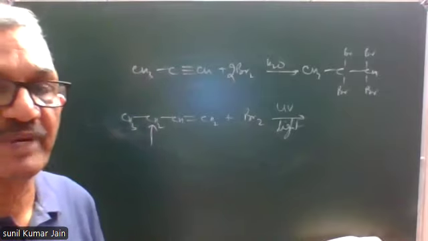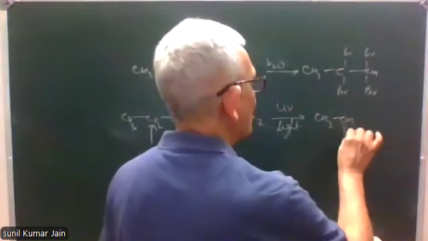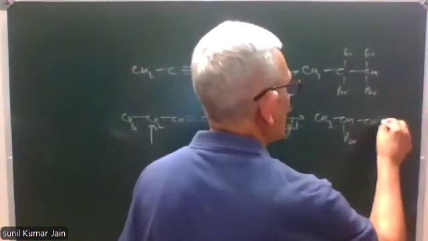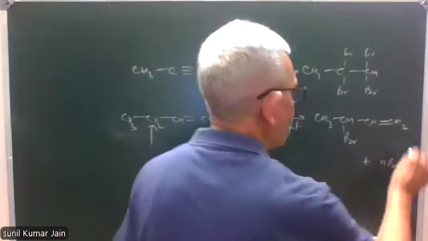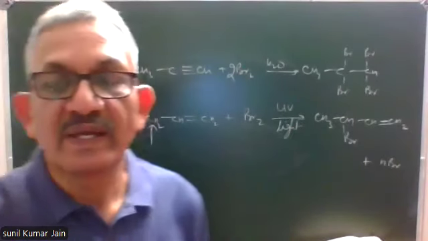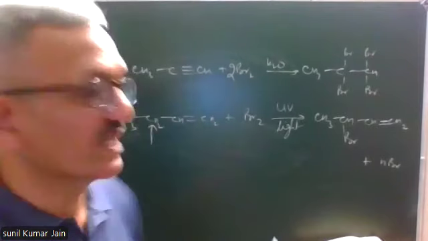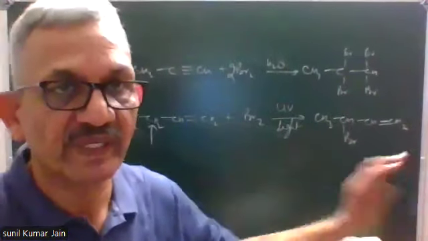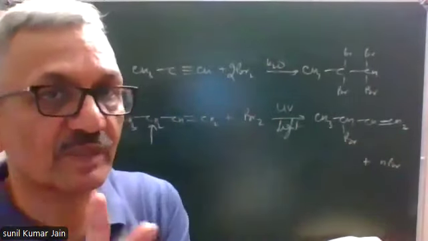Allylic hydrogen will be replaced by bromine atom. So I'll write, in this reaction, allylic bromination takes place to give 3-bromobut-1-ene.